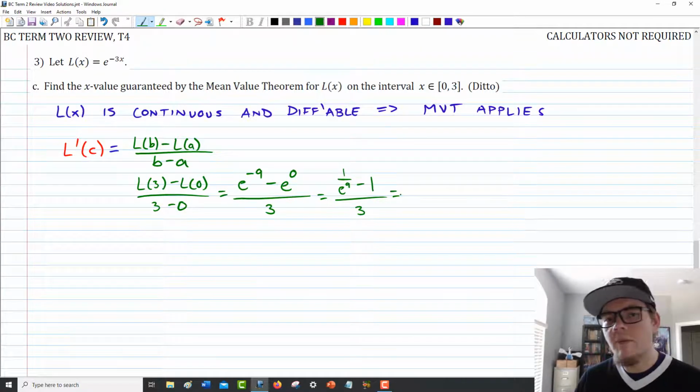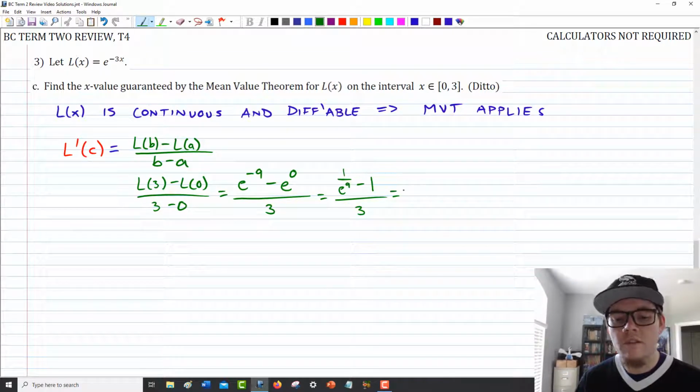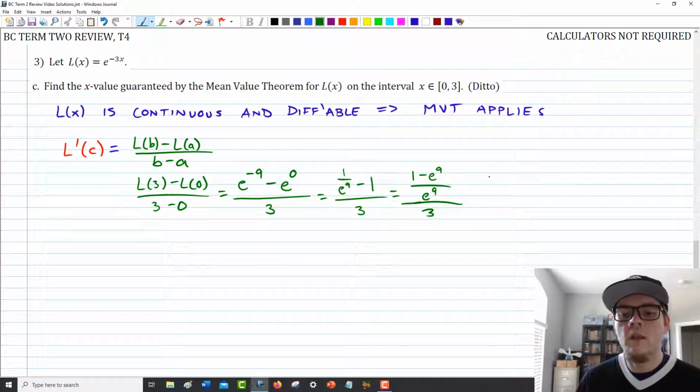I'm just trying to manipulate this so it looks a little nicer, because it's kind of messy right now. This becomes 1 minus e to the 9th over e to the 9th, over 3. And finally, if we condense that the most, we get 1 minus e to the 9th over 3 e to the 9th. So that is our average rate of change.